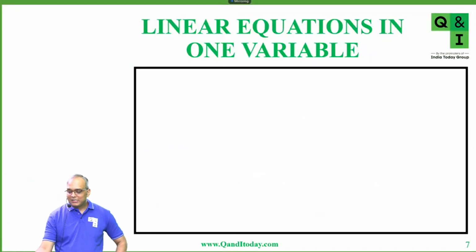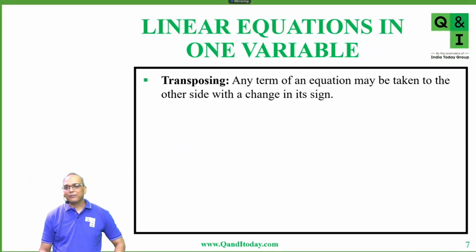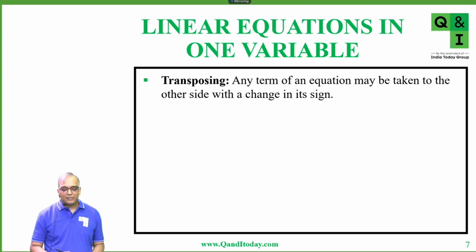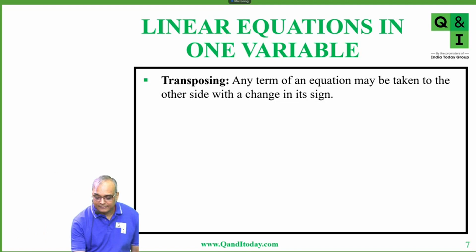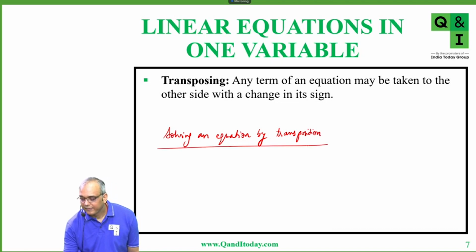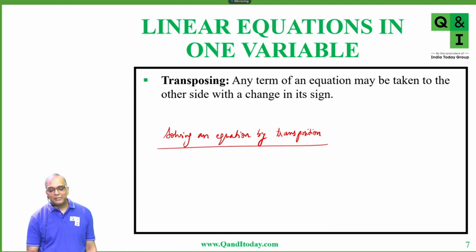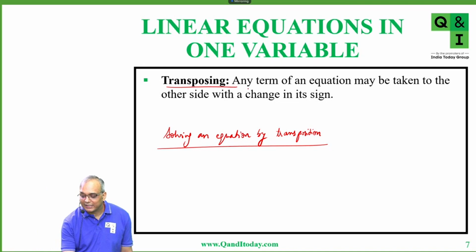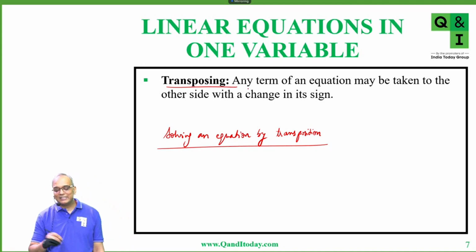So now students, transposing. What does transposing mean? Solving an equation by transposition. Transposing means any term of an equation may be taken to the other side with a change in the sign.